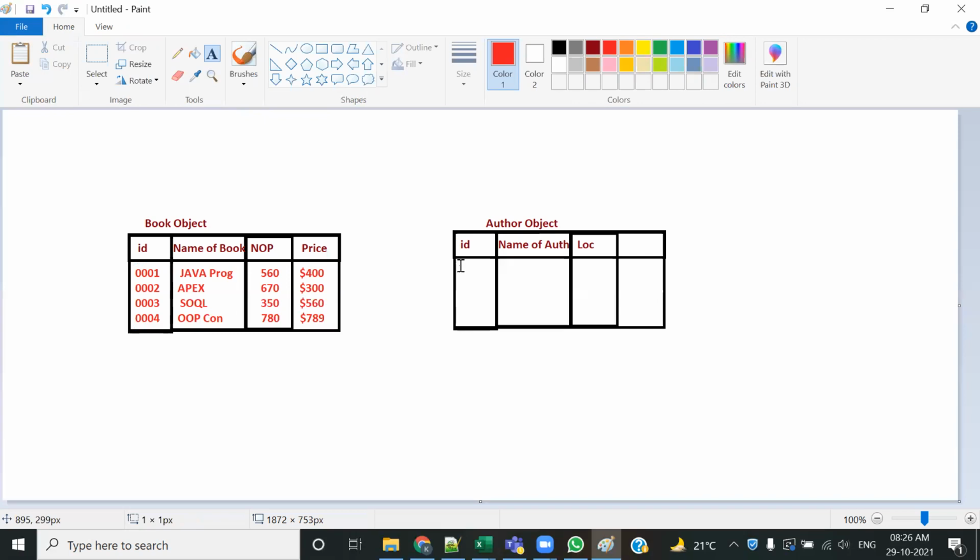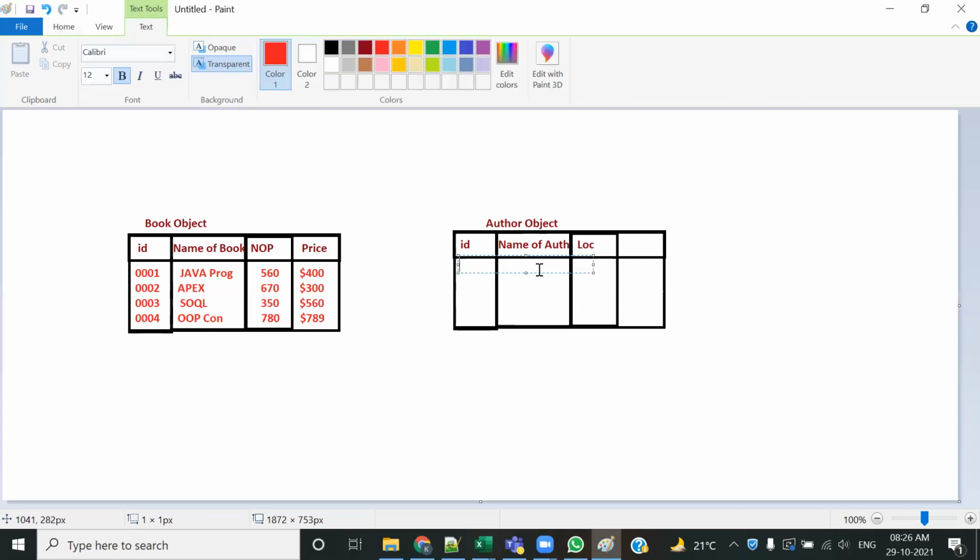Let me create a few more records inside your author object so that we could better understand what the relationship is, and first of all how to form the relationship also. So the ID is probably like 201. Name of the author is Ravi Kumar and the location is India.